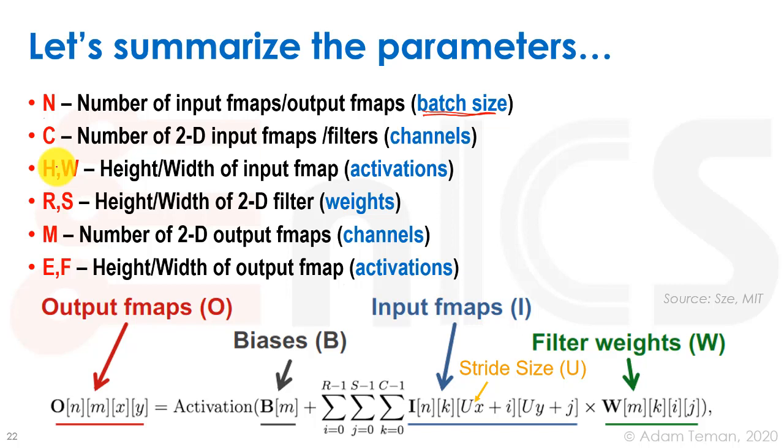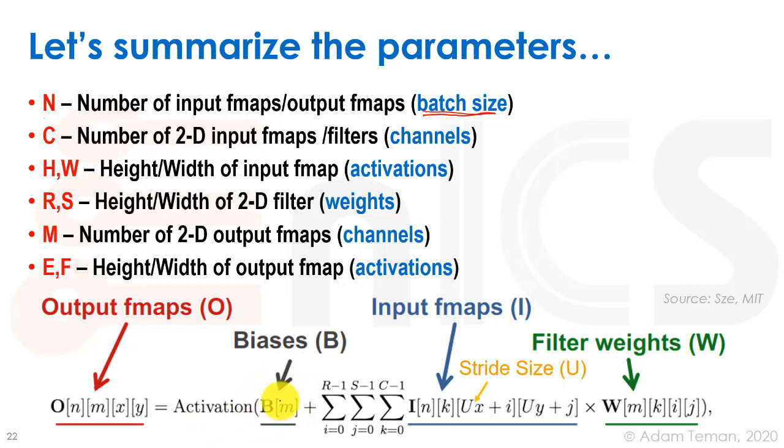Okay, so we can put this all into an equation, or a formula, that will calculate what each output is. So, a single output at X and Y is going to run along all E and F outputs. For the output map of batch number N and output channel number M, it is going to be an activation function such as ReLU.